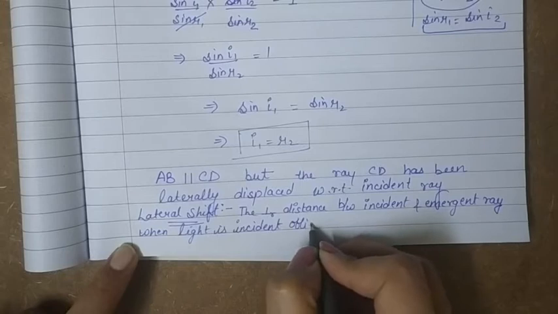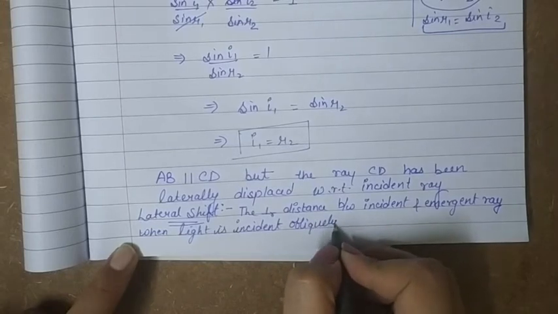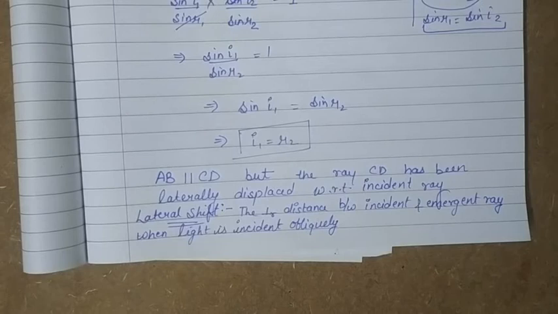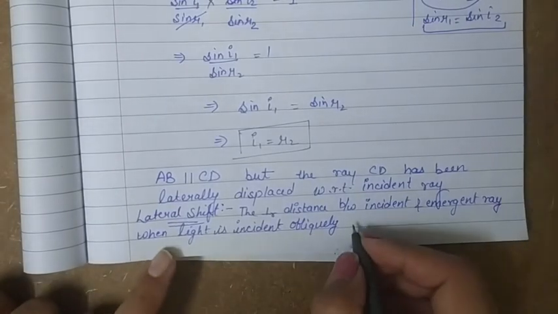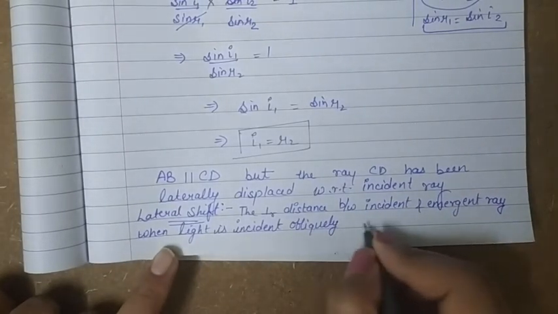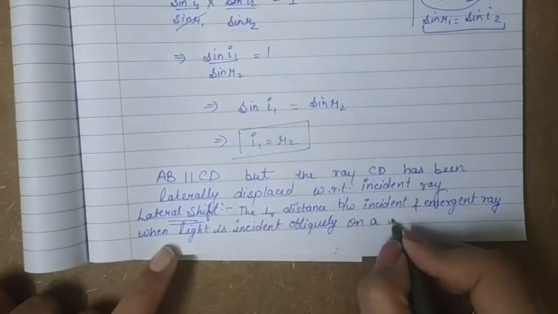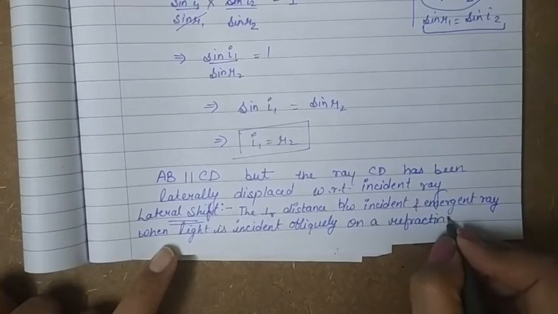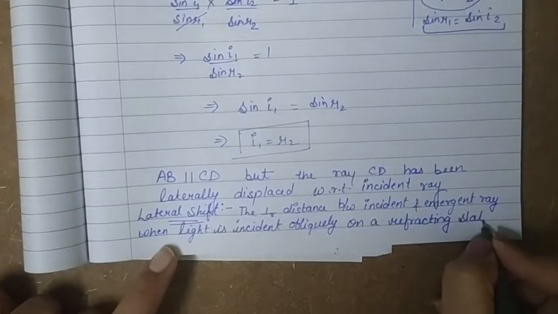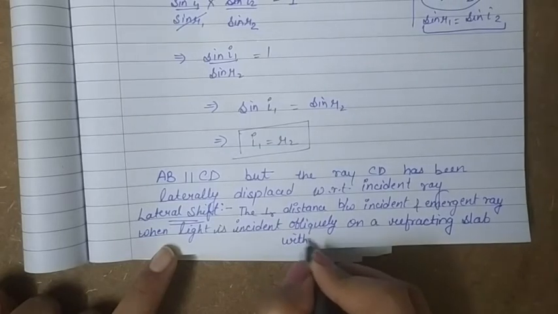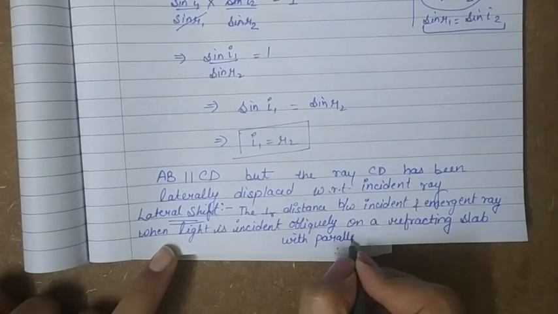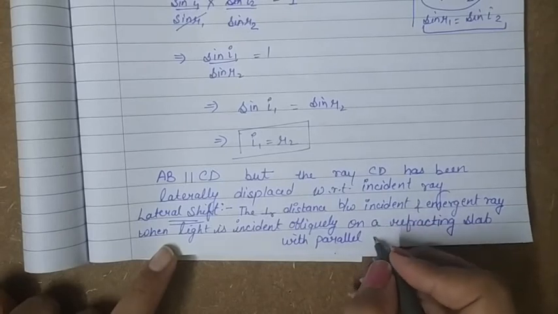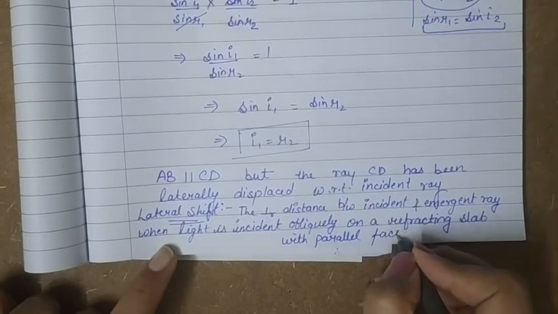because if we incident light along the normal, then we can't get such an emergent ray. It will pass in the same direction and in the same path if light is incident normally. So it should be incident obliquely on a refracting slab, and that slab should have parallel faces, because only in that condition we can prove i1 is equal to r2, right?